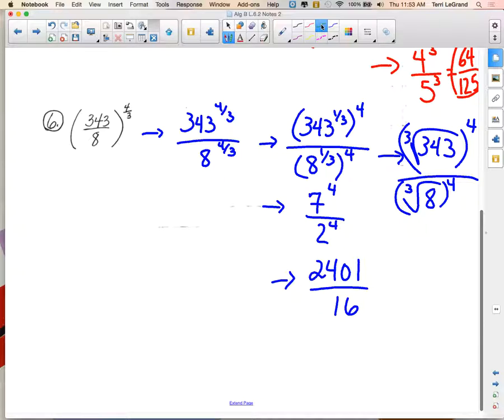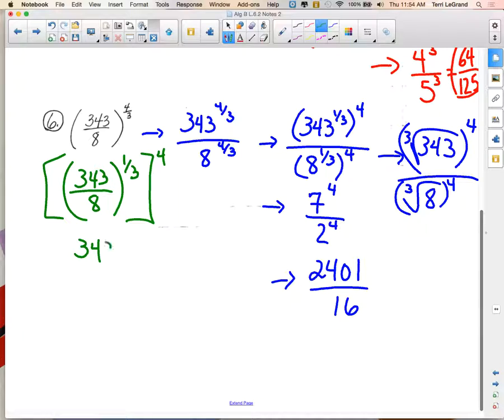Say, I have 343 over 8 raised to the 1/3 power. That raised to the 4th power. Isn't that how we started the last time? Yeah, so this is another way we can go about it, and now we would assign the 1/3 to each of these, right? So we would say 343 to the 1/3 power over 8 to the 1/3 power.